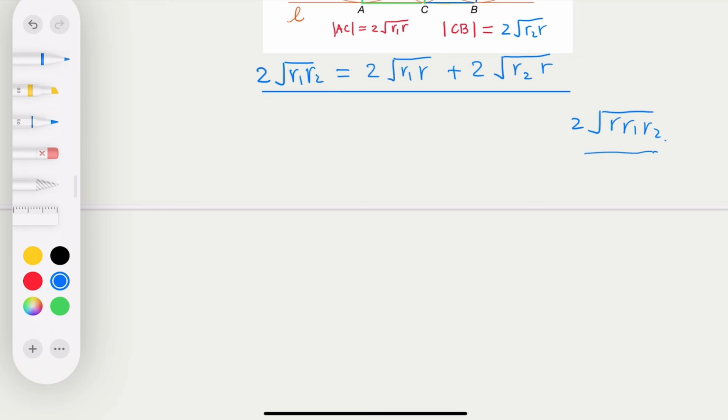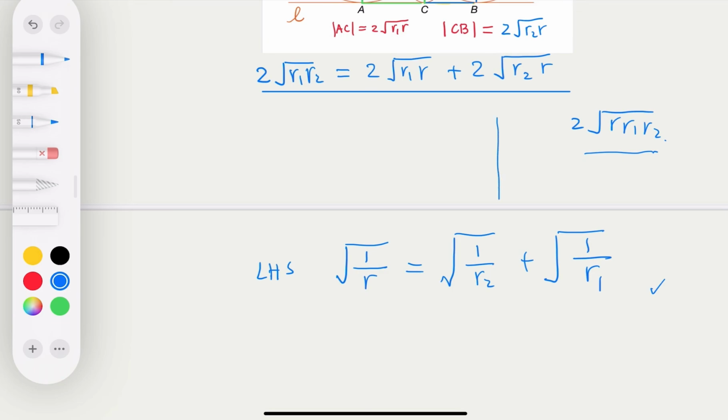What do you get? On the left hand side you get 1 over square root of R, and on the right hand side you get 1 over square root of R2 plus 1 over square root of R1. This is exactly what we want to prove.